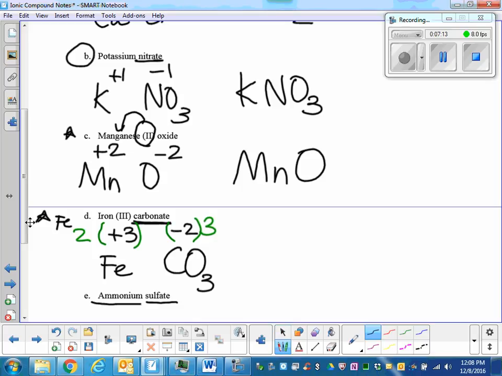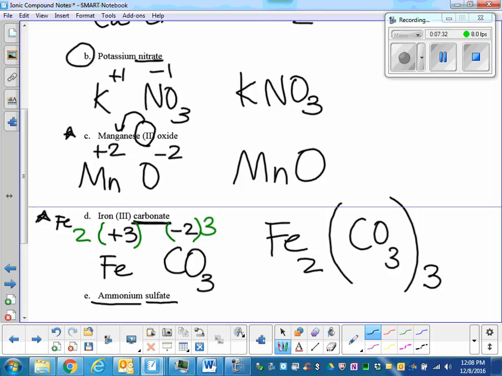I write Fe, I need 2. Is that right? How many carbonates do I need? 3. But CO3 already has a 3. Yes or no? How many carbonates do I need? 3. How will I show that? Watch closely. The carbonate itself is CO3.